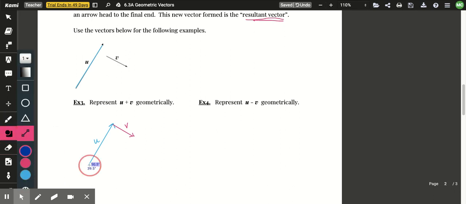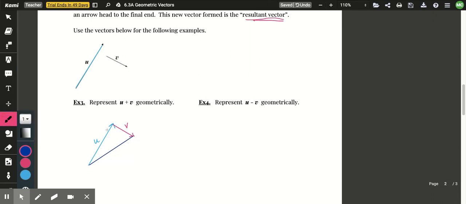So the tail of u to the head of v, and then I need to put in the direction. So I'm showing my direction is this way. It's from the tail of the first one to the head of the second one. And this would be my u plus v resultant vector.